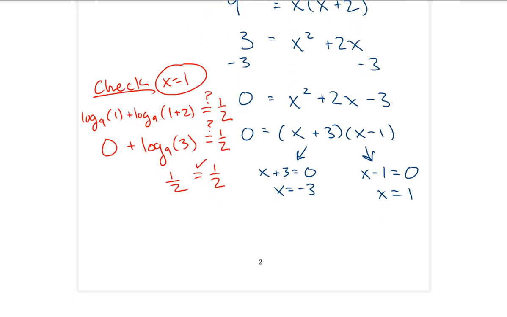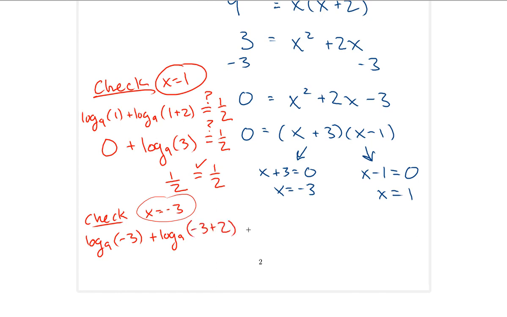But when I look at the other one, x = -3, I run into trouble from the very beginning, because I'm going to take the log base 9 of -3 plus the log base 9 of -3 plus 2. And before I even really finish this statement, I know that I've got trouble because I know I can't take the log of a negative.